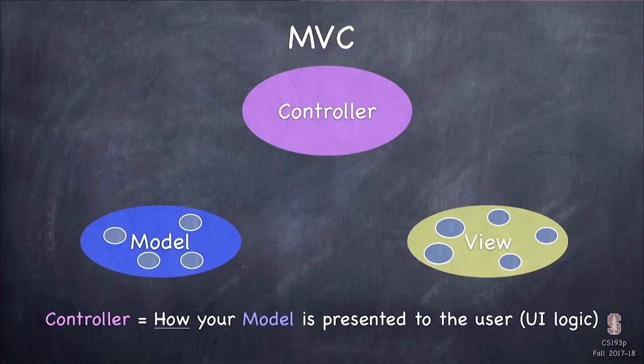That is all part of the controller camp's responsibility. So the controller camp is the how, okay, how your concentration game appears on screen, right? So model is the what is your app about, and the controller is how it shows up on screen. And the view camp is your controller's minions, okay?